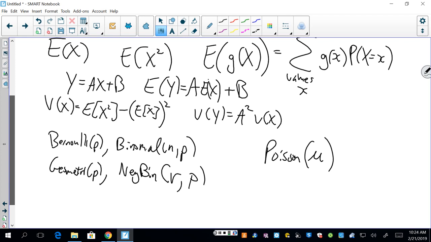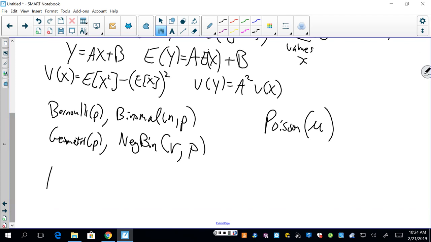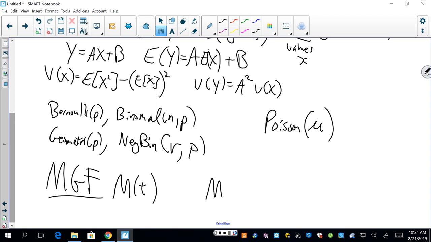We did a little bit with moment generating functions. One thing we could do with a moment generating function is differentiate it and then set that argument t equal to 0.